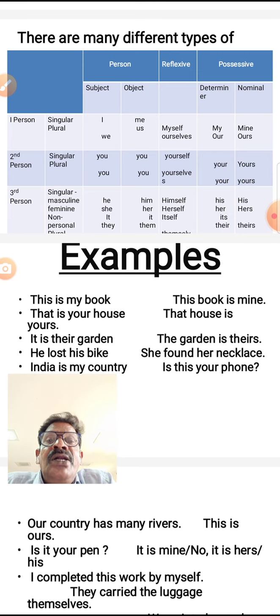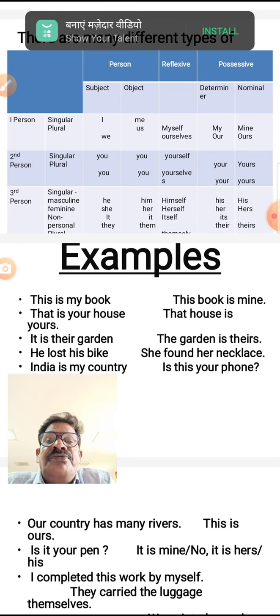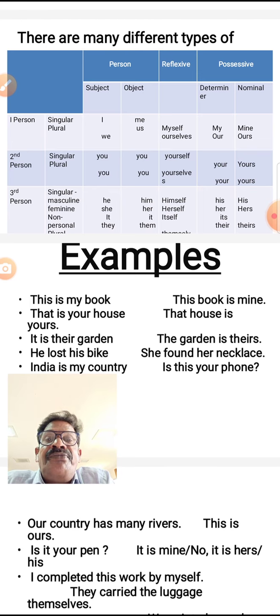And now let us come to reflexive, the fifth column of this table. How we have to deal with reflexive pronouns. First person singular once again, it is myself. And plural, ourselves.